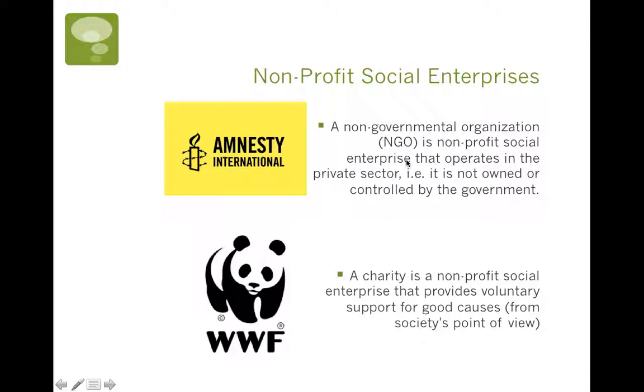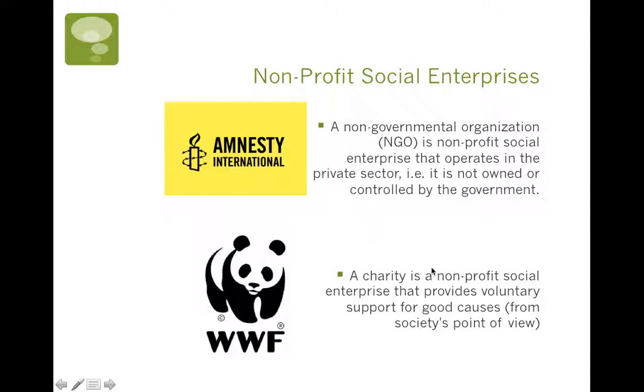An NGO is a non-profit enterprise that operates in the private sector. So instead of it being controlled by the government, then this is a charitable organisation which donates all of the funds that it generates through donation and through subsidies of the government to their specific causes.